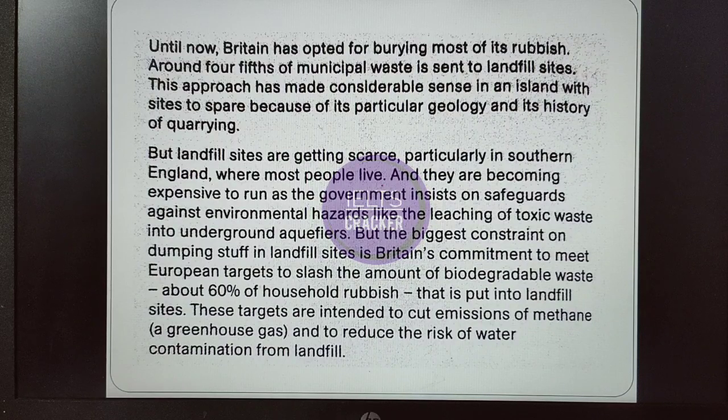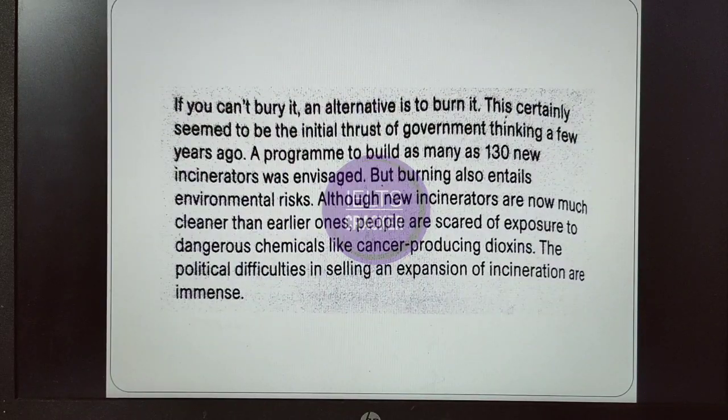Now let's move on to the third para. If you cannot bury it, an alternative is to burn it. So if they cannot bury them, they have to burn it. This certainly seemed to be the initial thrust of government thinking a few years ago. A program to build as many as 130 new incinerators was envisaged.